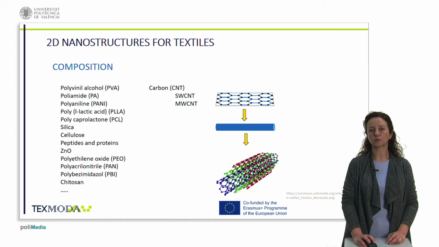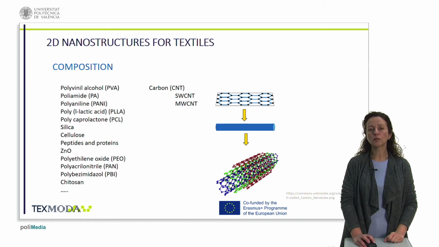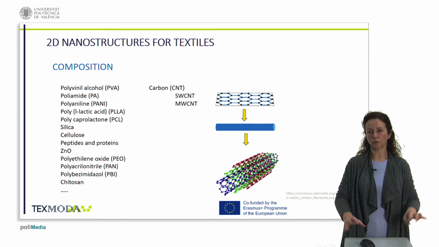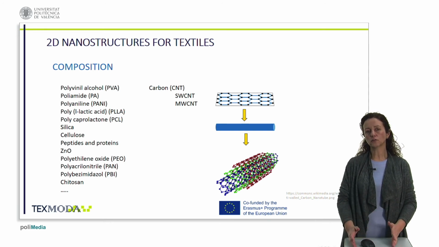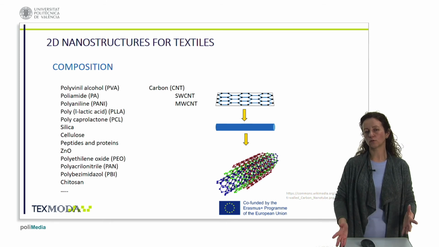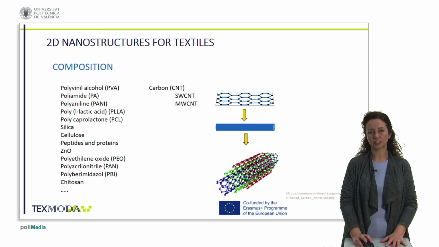We can obtain a single-wall carbon nanotube, which is only one tube, but we can also obtain a multiple-wall carbon nanotube. This means that we can have different concentric tubes in the shape of one unique tube. So this is something we can observe, and these nanotubes, nanofibers, nanowhiskers, or nanobelts are used in the textile industry.